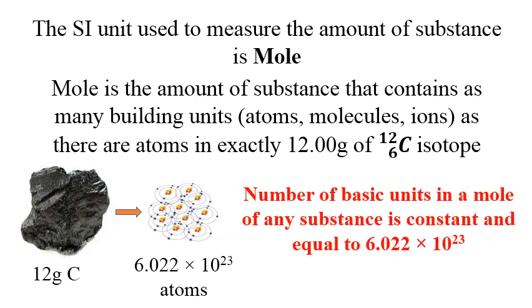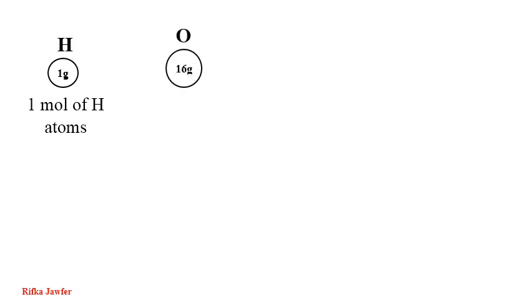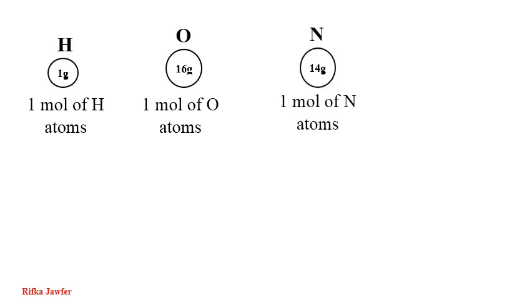So, the number of basic units in a mole of any substance is constant and equal to 6.022 × 10^23. That means 1 gram of hydrogen contains 1 mole of hydrogen atoms. 16 grams of oxygen contains 1 mole of oxygen atoms. 14 grams of nitrogen contains 1 mole of nitrogen atoms.